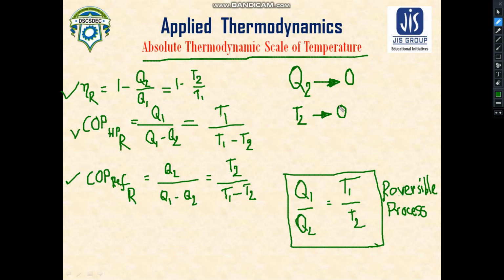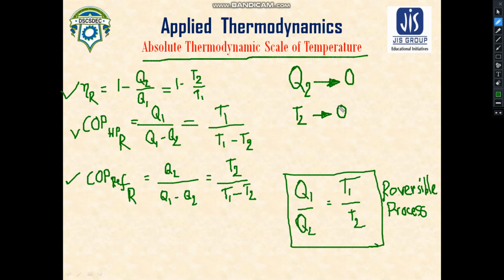Now, in real cases, we can say this cannot happen. This T2 cannot be 0. This Q2 cannot be 0, because we know there is already a restriction from the Kelvin Planck statement that there has to be some amount of heat rejection always. Since there has to be some amount of heat rejection, this Q2 can never be 0.